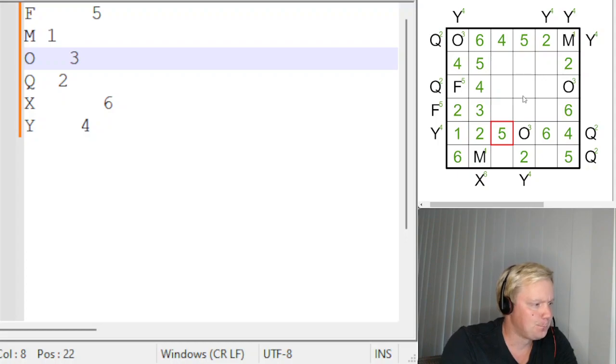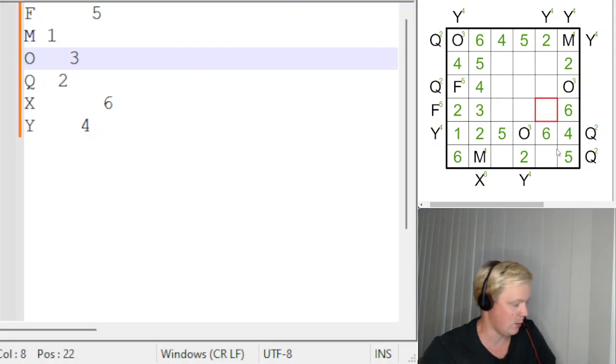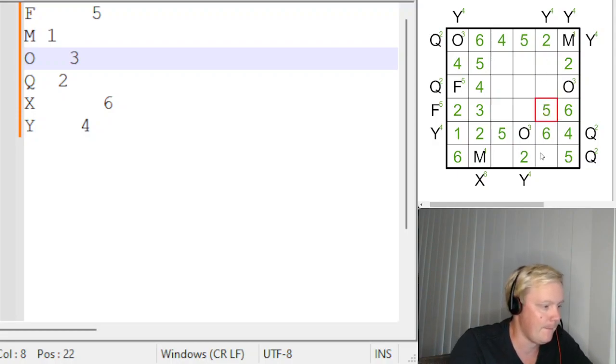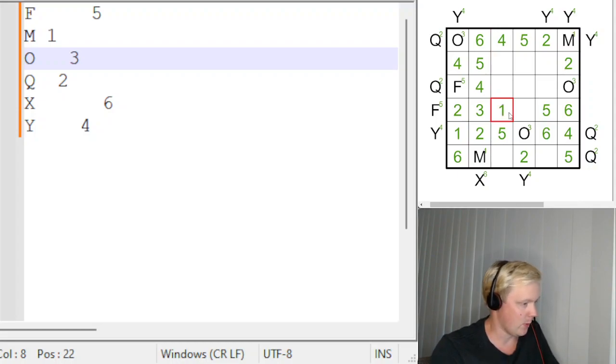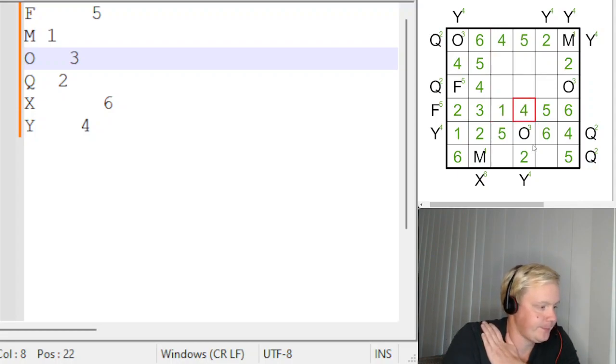Okay. What about 5 here? Can we solve 5 here? It can't be a 5 here because there's a 5 in the row. There's a 5 here, so it can't be here. There's a 5 here, so it can't be here. That's the only place where the 5 can go in the column. Now, this row needs a 1 and a 4, and there's a 4 here. So this must be the 1, and this must be the 4. Can we solve these?